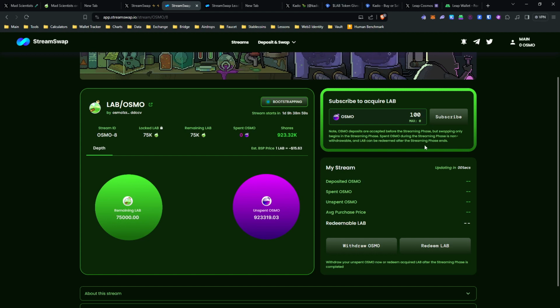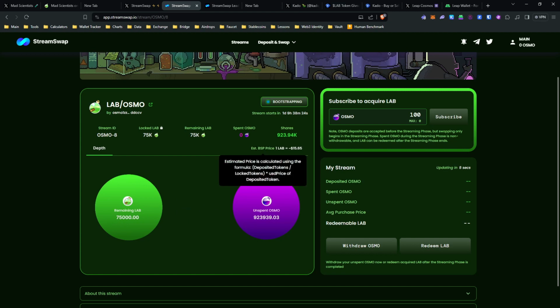In that phase, your Osmosis tokens will be swapped for lab tokens over the period of 1 hour, and after that, depending on how much Osmosis has been left in the pool, because obviously it's safe to assume that some people will change their mind and withdraw until then, or maybe we'll have even more deposits, depending on how many Osmosis tokens were in the pool and then exchanged for the 75,000 lab tokens. That will determine the price of the lab token.